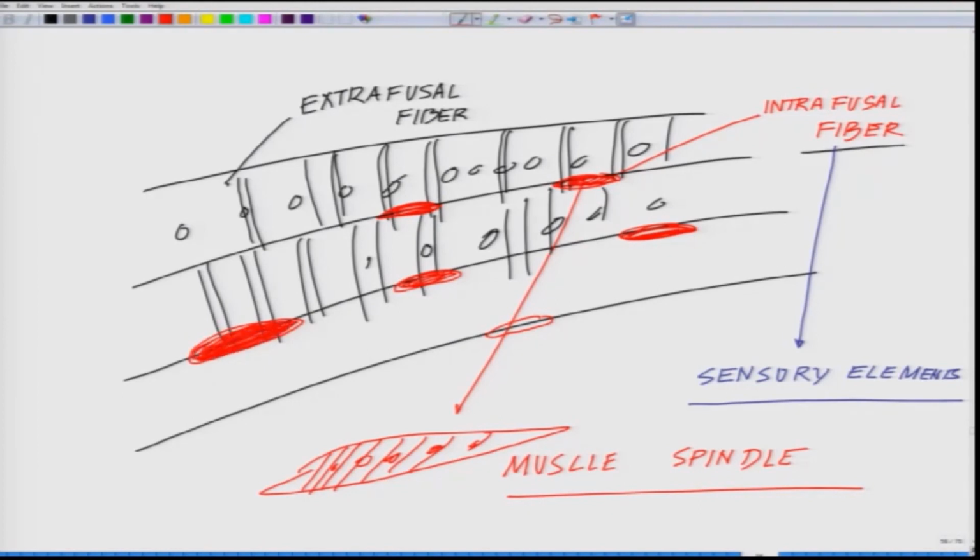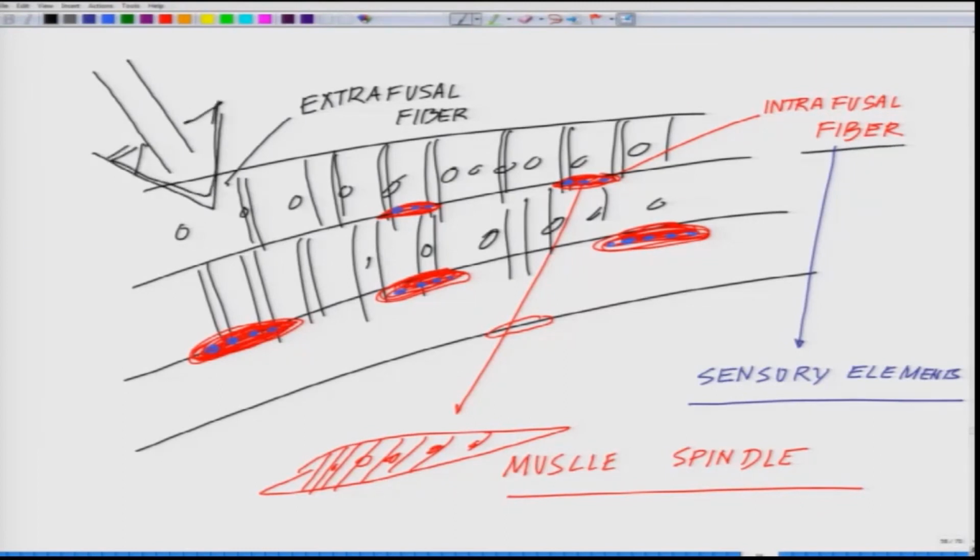These spindles also have multinucleated bodies like this, just like the extrafusal fibers, but they are distinct, and there are some very unique stains by which you can label them.